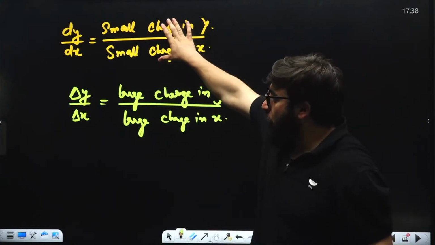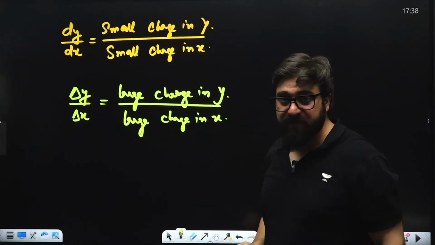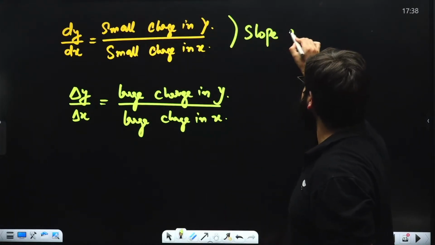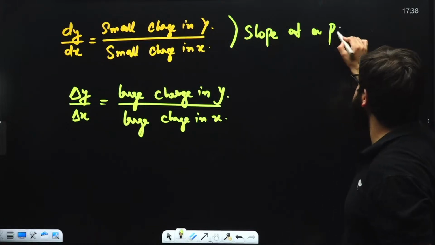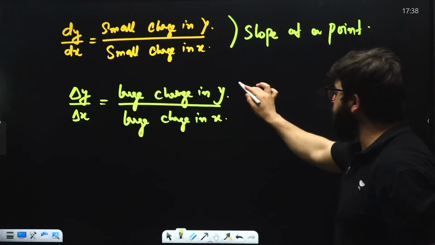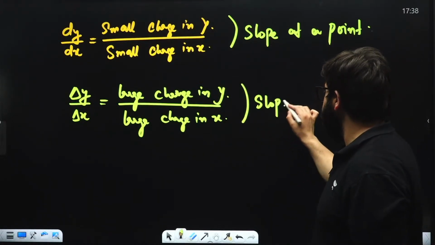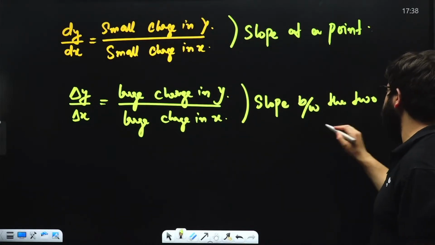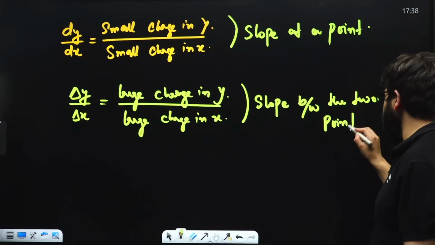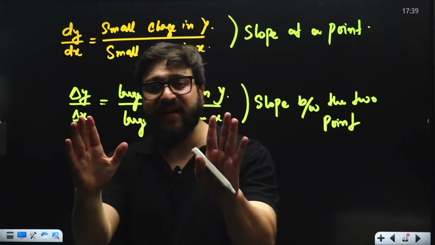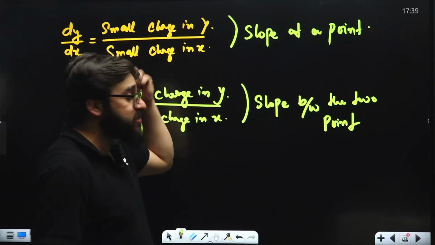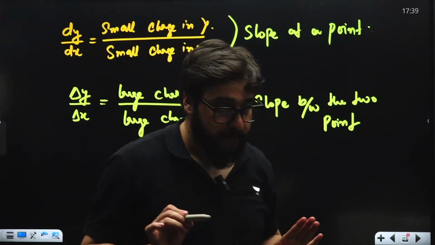And this dy by dx is slope at a point, while this delta y by delta x will be slope between the 2 points. So if you have to find the slope between the 2 points, that is delta y by delta x. If you have to find the slope at a point, that is dy by dx.